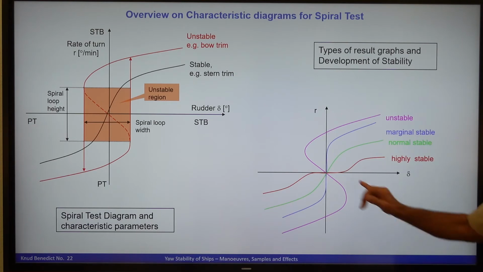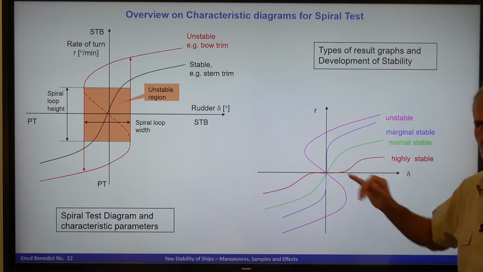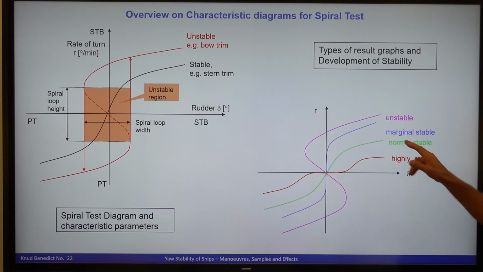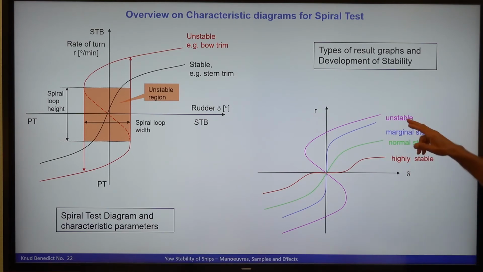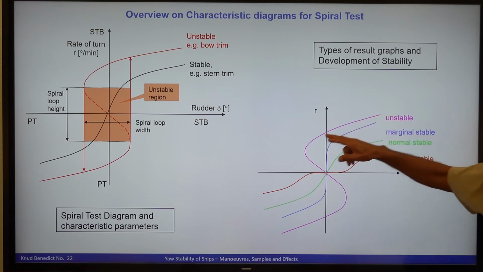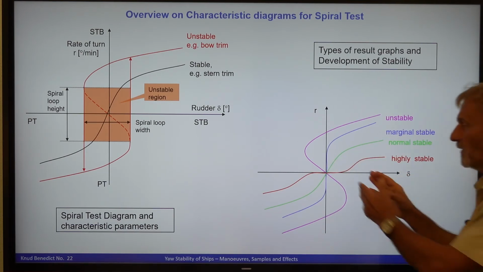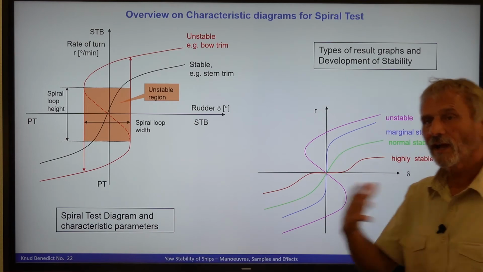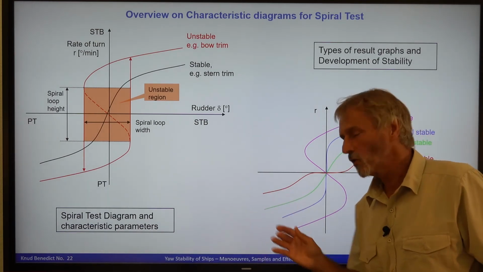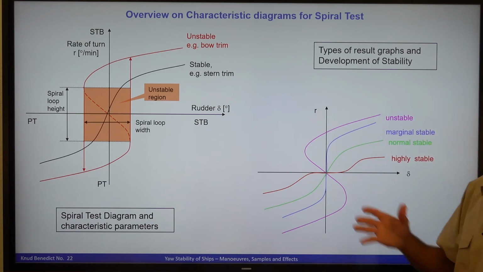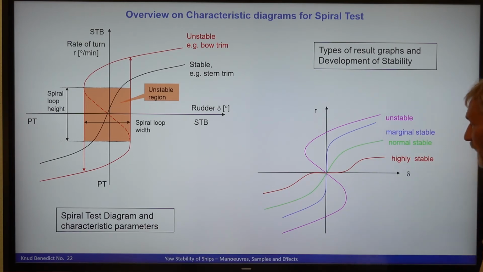So in the range of low rudder angles, small rudder angles, it's unstable. We call it marginal stable. And these are highly unstable vessels. You need even rudder angles to the other side to get out of one turning motion to the other. You always need bigger rudder angles to the other side.